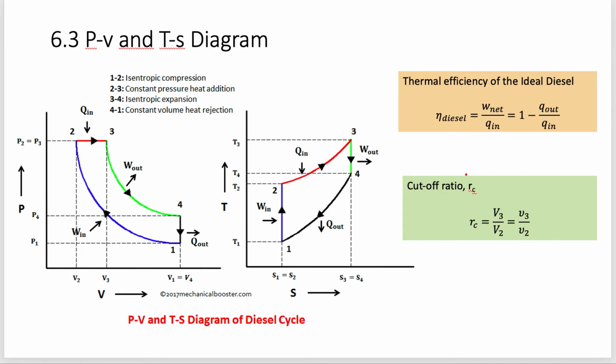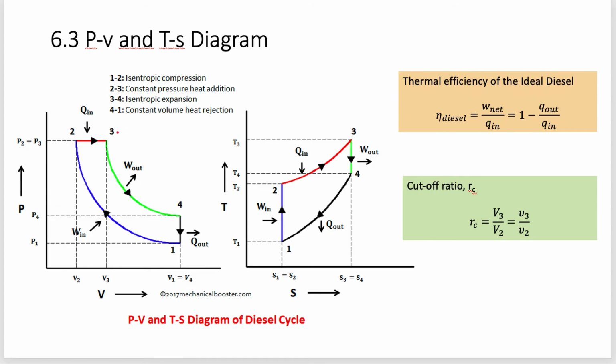Okay, now I introduce one new parameter. In the Otto cycle we have the compression ratio, but in the diesel cycle we have the cut-off ratio, rc. C stands for cut-off ratio. So what is the cut-off ratio?